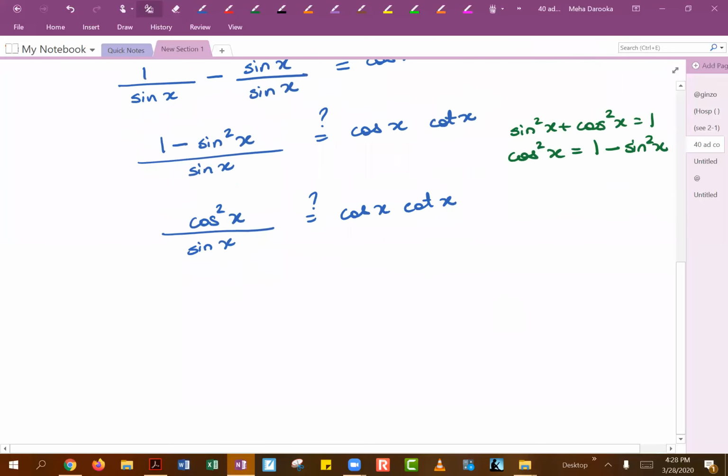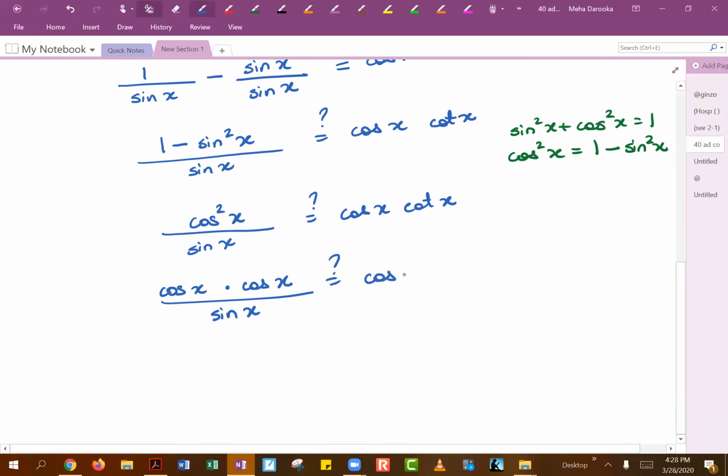All right, so now how do we get to that cosine x times cotangent x? So this is really simple at this point. You have cosine squared, which means you have cosine times cosine on the top. So go ahead and separate it out. Okay, and then you've got the sine of x on the bottom.